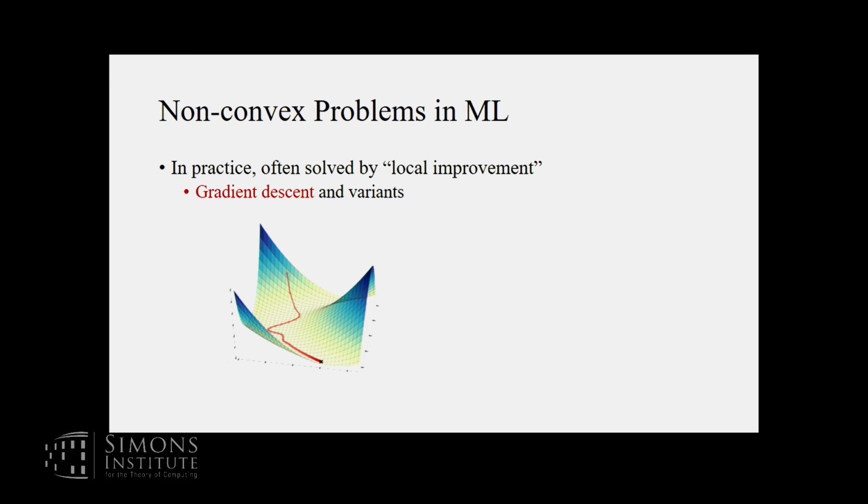Suppose we have some objective function and we want to minimize it. Then we can just take the gradient at the current solution and move a little bit along the negative direction of the gradient. This is a very basic algorithm, but it works really well. It's the basis for, for example, deep learning.